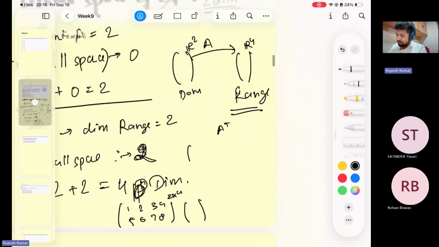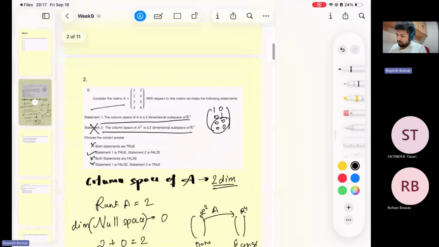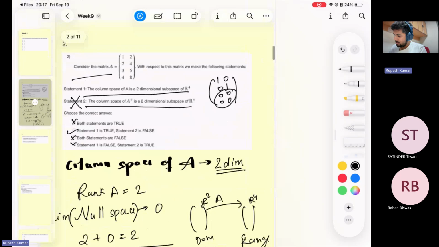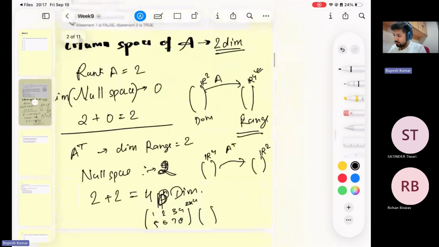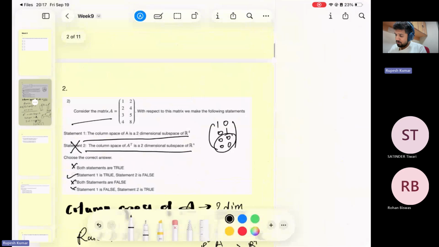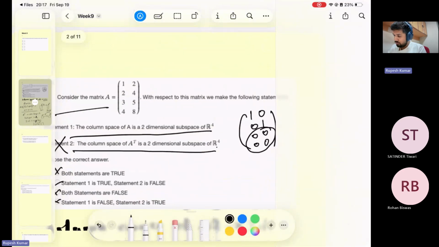For A transpose, the domain was R4 and the range was R2. So option 1 says the column space is a 2-dimensional subspace of R4, which is true. For A transpose, it is a 2-dimensional subspace of R2. This is it.